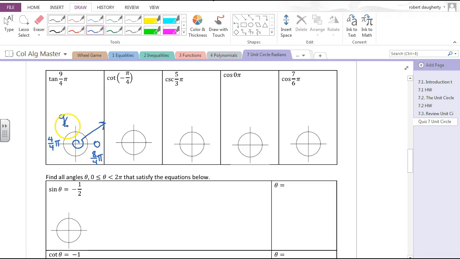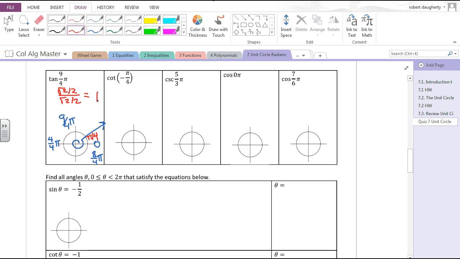That means this central angle is pi over 4, because the difference between 8/4 pi and 9/4 pi is pi over 4. So tangent is y over x. Go to your unit circle, pi over 4. Y over x is square root of 2 over 2 divided by square root of 2 over 2, and that is 1.